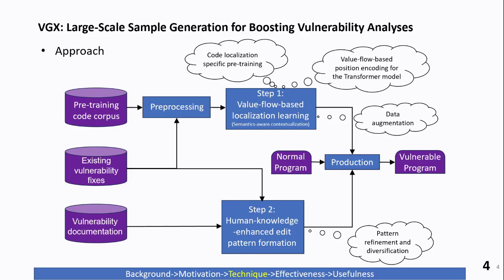Our downstream task is to learn the localization of vulnerability injection, to learn where to inject vulnerabilities, and to make the model learn some general knowledge for that task. One thing we can do is remove irrelevant statements and then teach the model to find back those irrelevant statements.